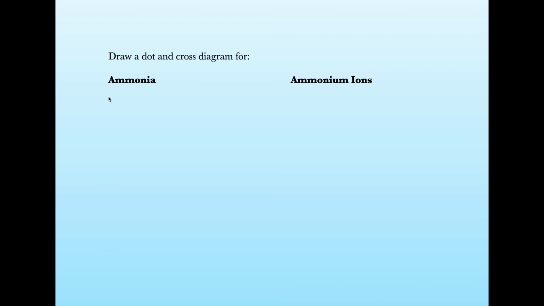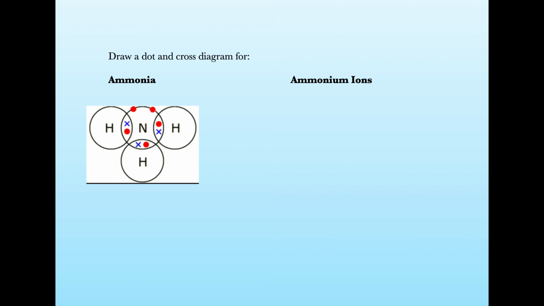One last little thing before we finish. Good reminder of dot and cross diagrams here. Ammonia molecules, you should be able to draw their dot and cross diagram. Nitrogen and 3 hydrogens, so have a go. And ammonium ions are an ammonia molecule with an H+ added.